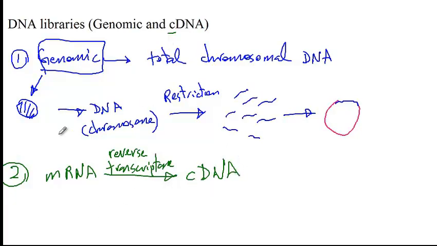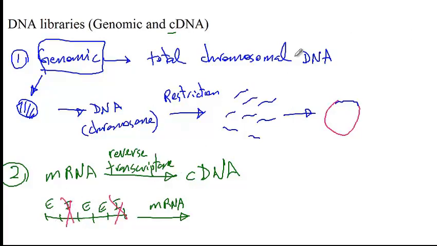And so let me remind you that once we have a gene, it has many different segments of exon, intron, exon, exon, introns. And which of these fragments during the mRNA transcription will be spliced out? The introns will be spliced out. So the mRNA that we are having will no longer have the introns.